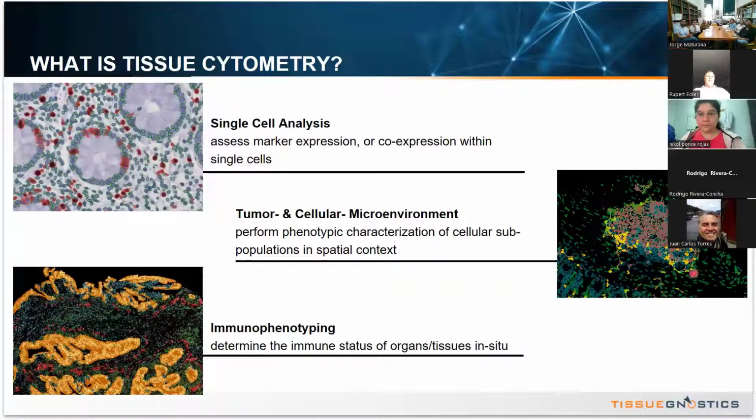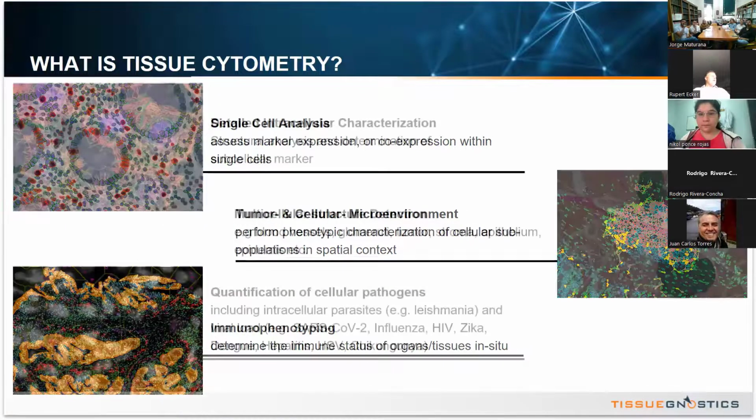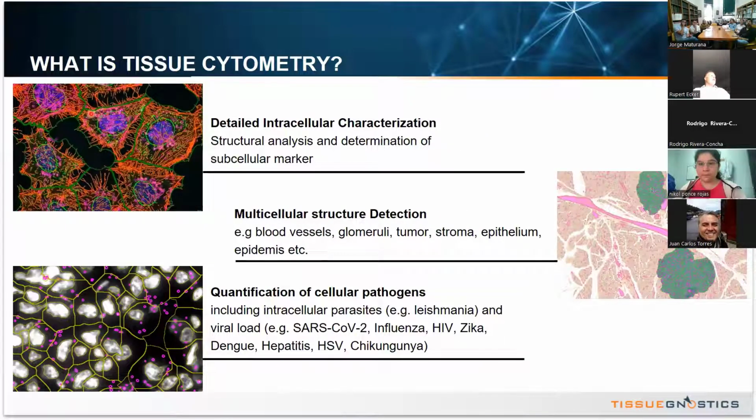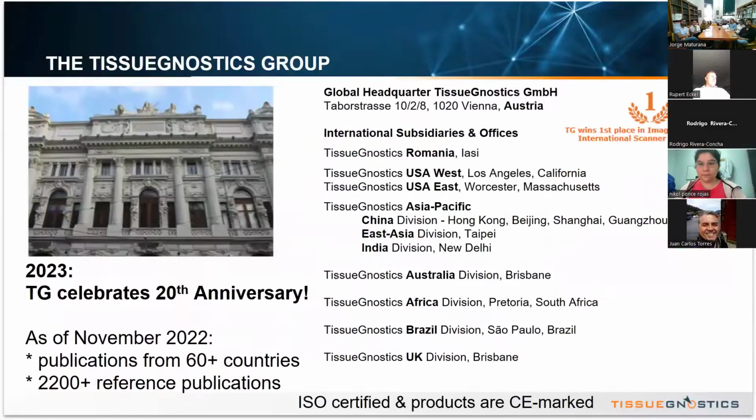Like here, we can also detect multicellular structures and do what is called immunophenotyping or contextual tissue cytometry. But we can also look inside single cells and work with subcellular compartments, but also with pathogens like bacteria, viruses, or intracellular parasites.